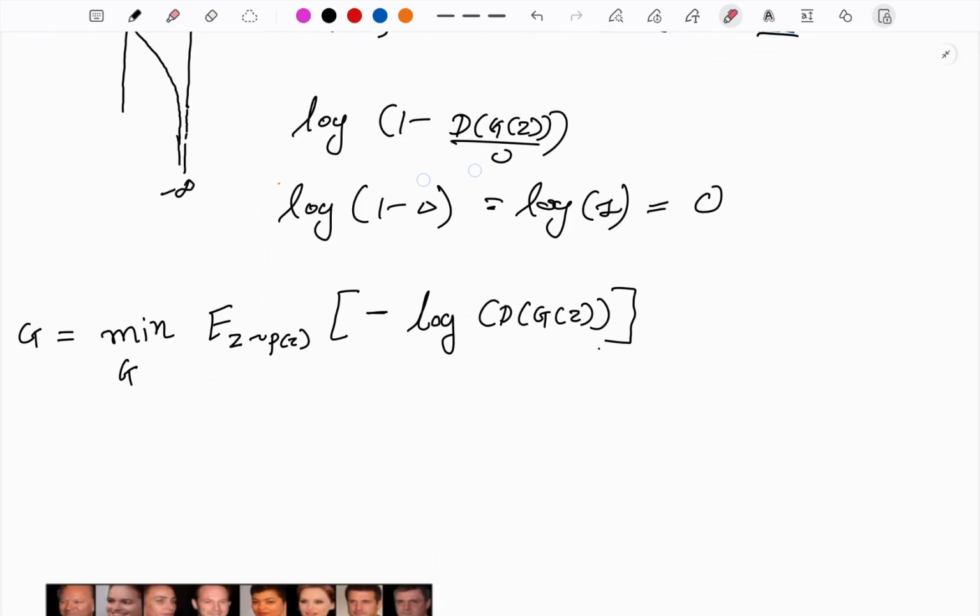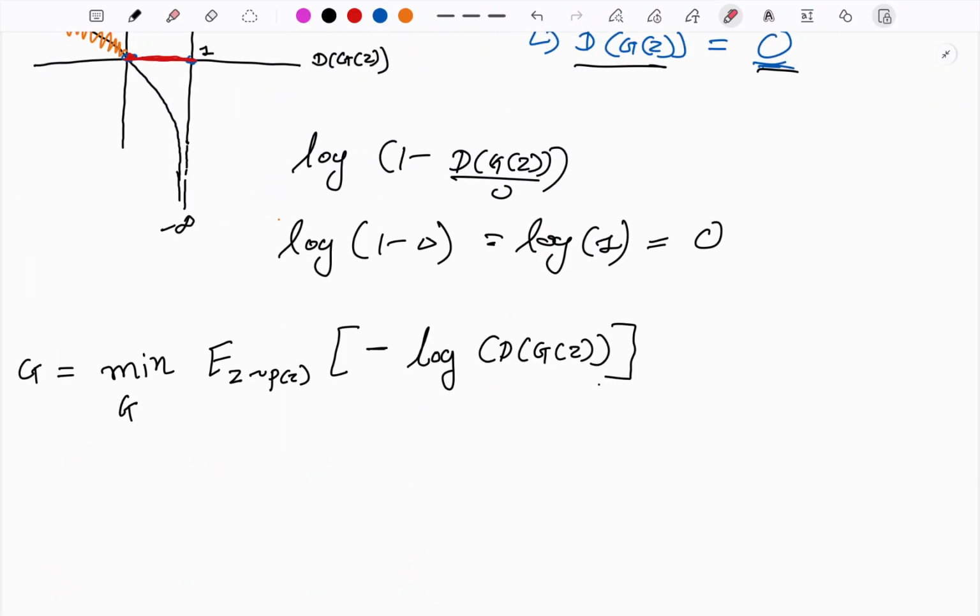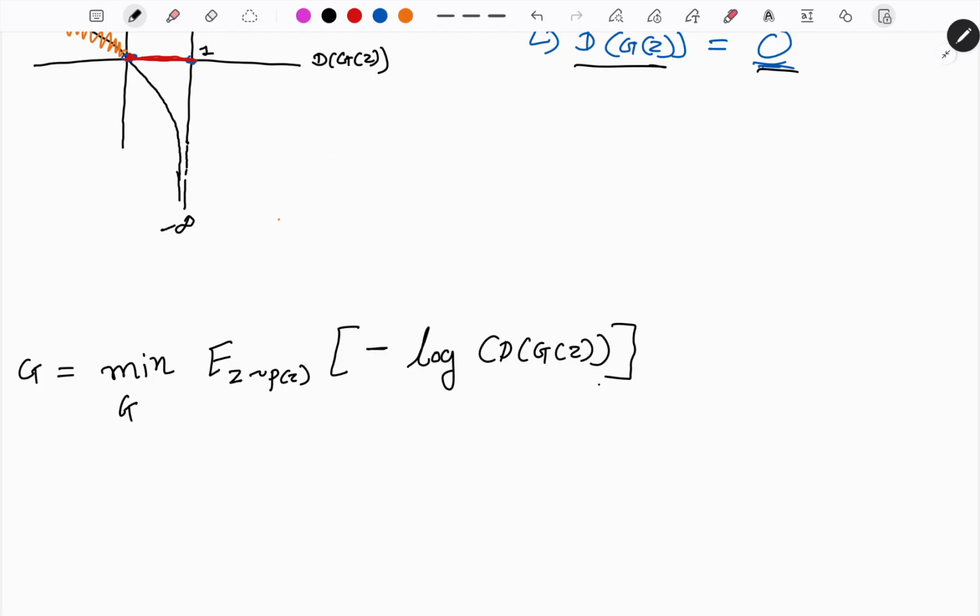So if you plot a graph of D of G of z, meaning log of x almost, then it looks like this.